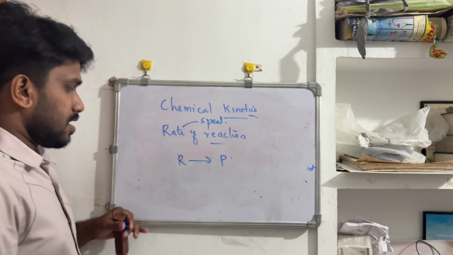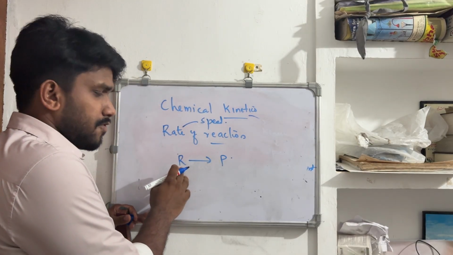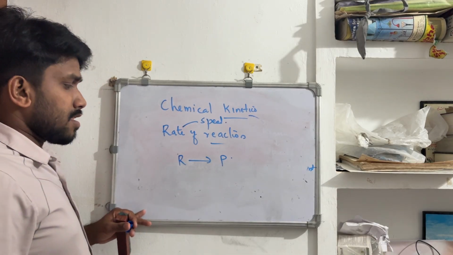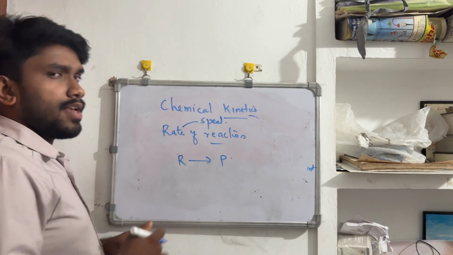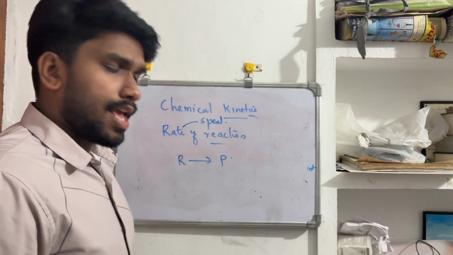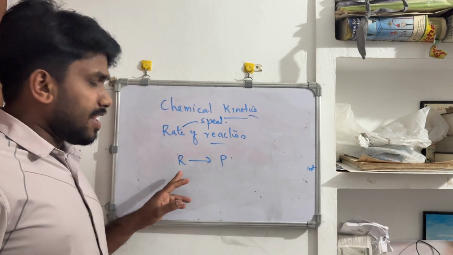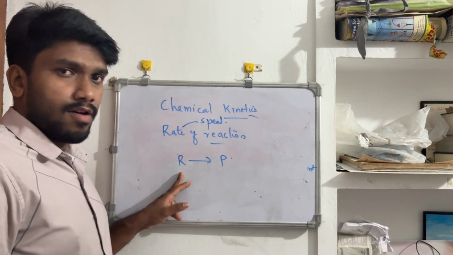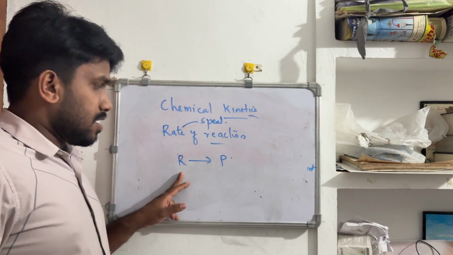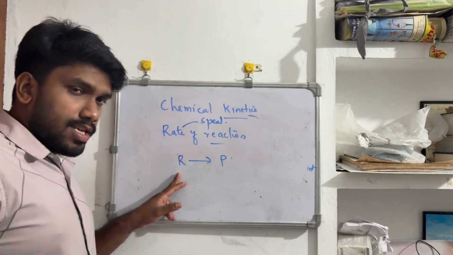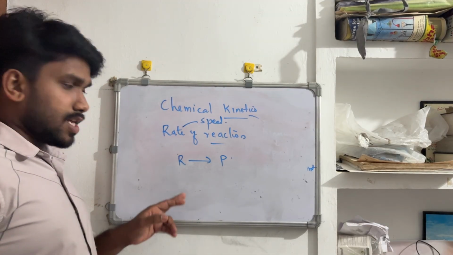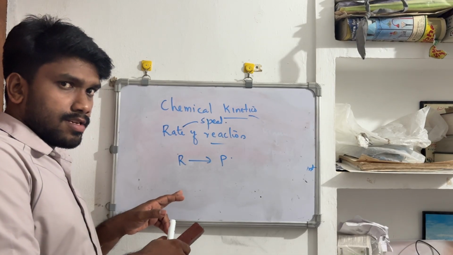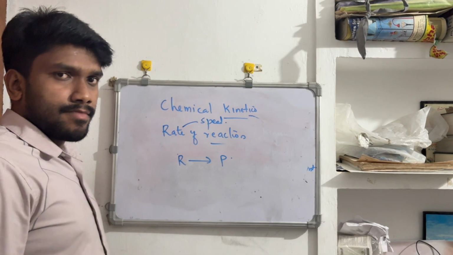First of all, I take it in terms of reactants. We can estimate the speed of a chemical reaction by the decrease in concentration of reactants with time.